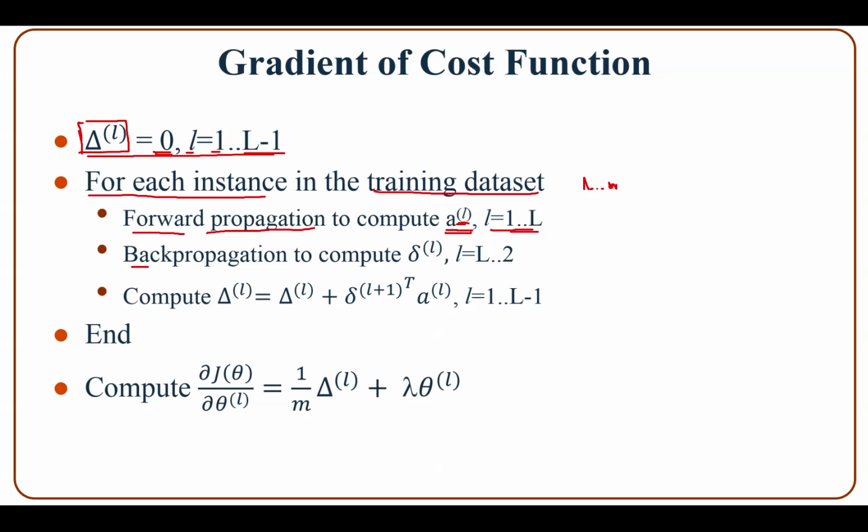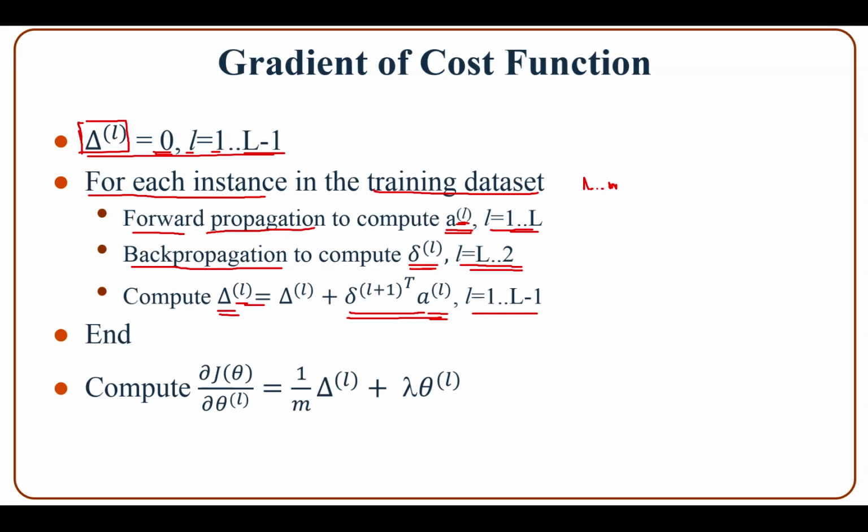And then we apply the backpropagation algorithm to compute delta L. This is the algorithm in the previous slide, with L from capital L back to layer 2, and then update uppercase delta at layer L by the partial derivative of the unit cost function with respect to the individual theta. Then this is done for all the layers from 1 to L minus 1.